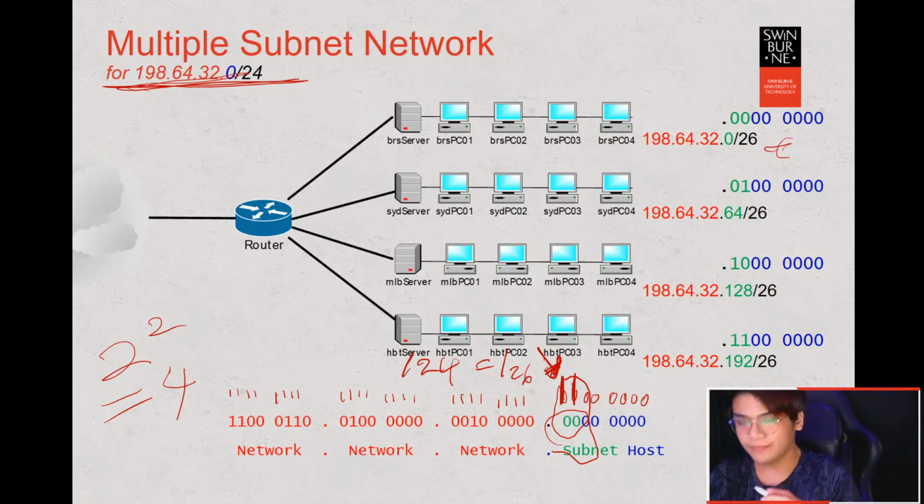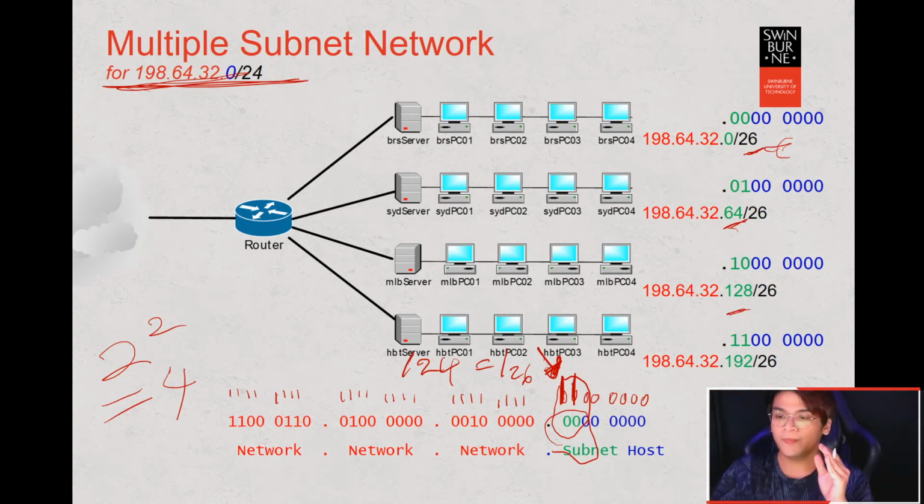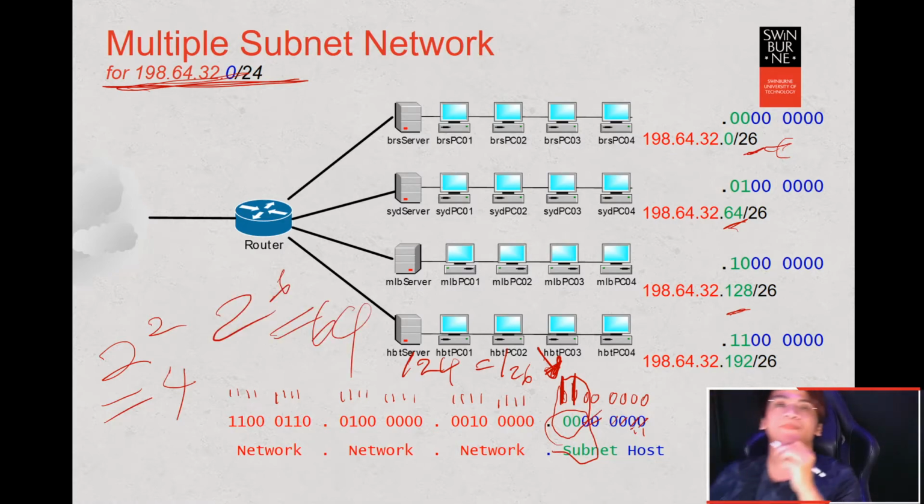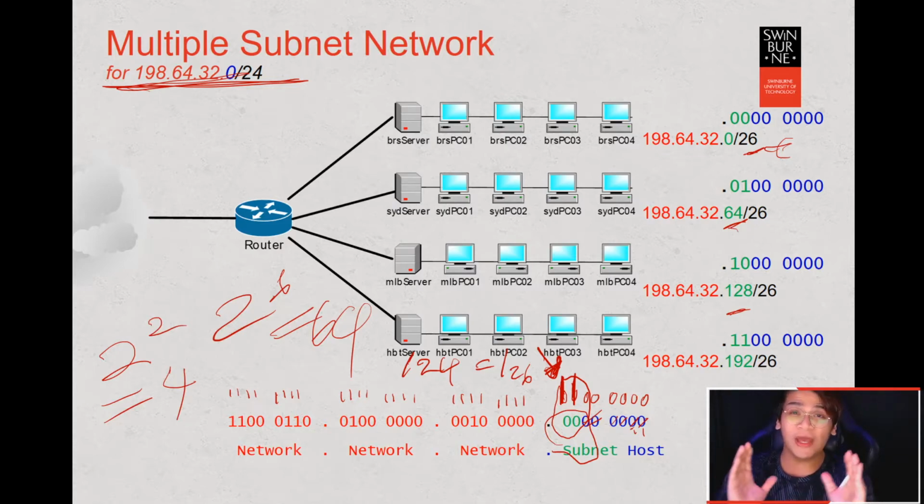Then you think, why is this 64 and why is this 128? Because we have how many host bits over here? 1, 2, 3, 4, 5, 6. 2 power of 6 equals 64.